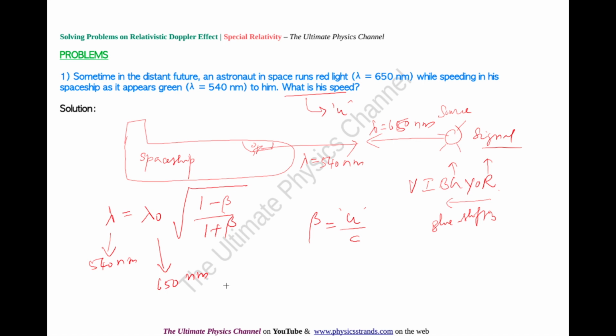So we can get beta by doing a reverse of this. So the square root of 1 minus beta over 1 plus beta is equal to lambda, 540, over lambda naught, 650, and then we can do this expression directly.